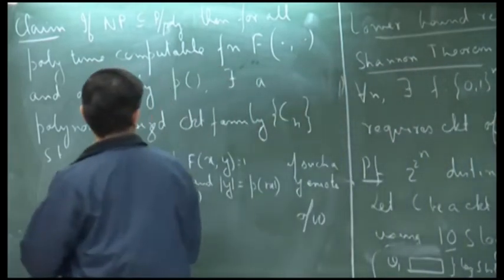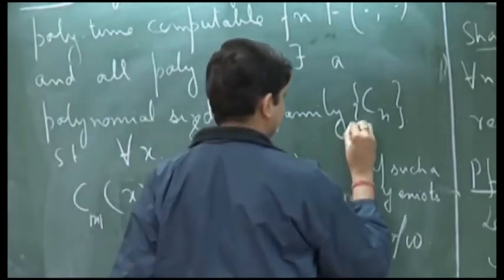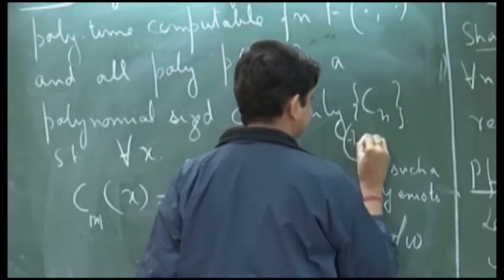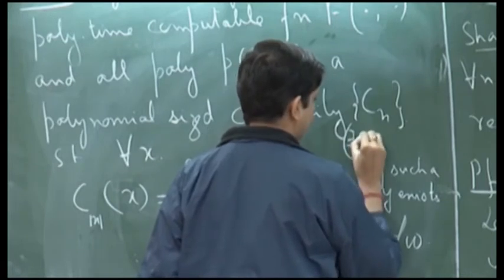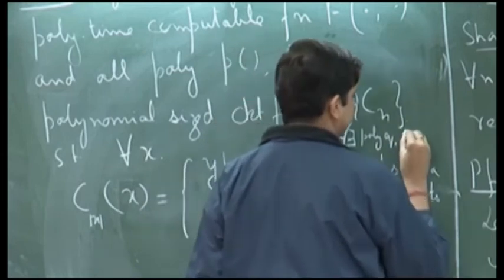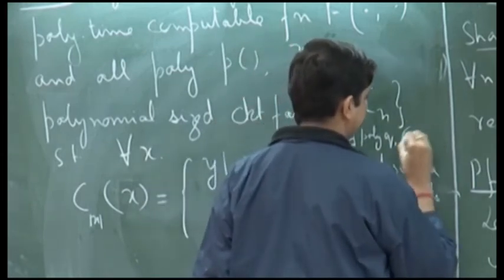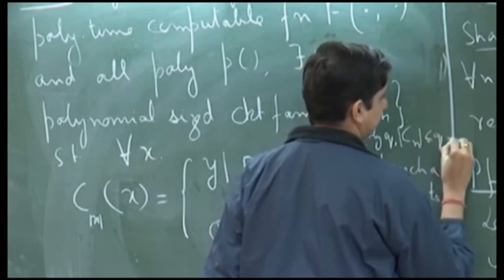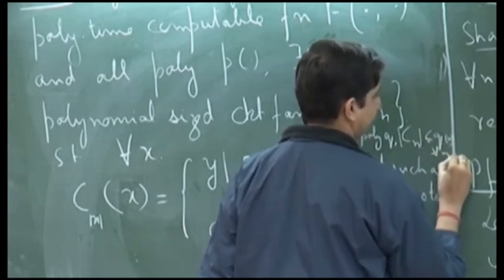So maybe I can write this as: there exists some polynomial q such that C of n has size less than q of n for all n.